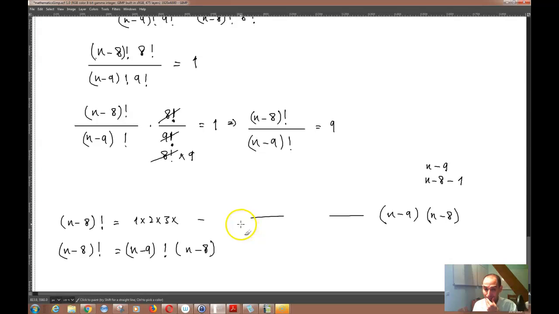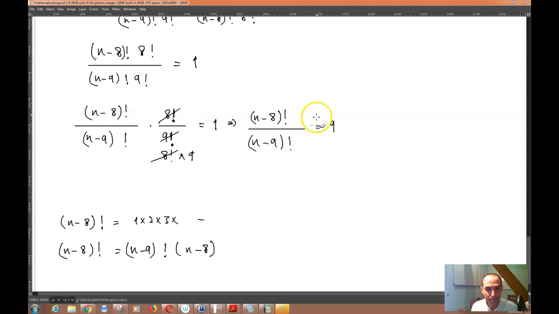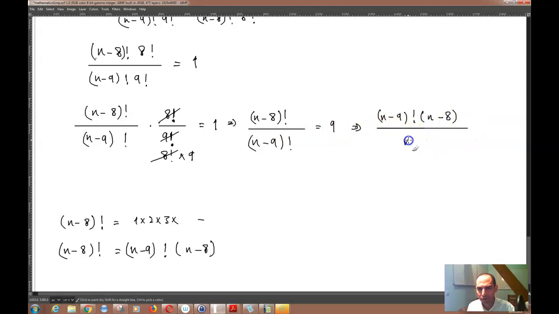So I will write this as n minus 9 factorial times n minus 8 divided by n minus 9 factorial, which is equal to 9.